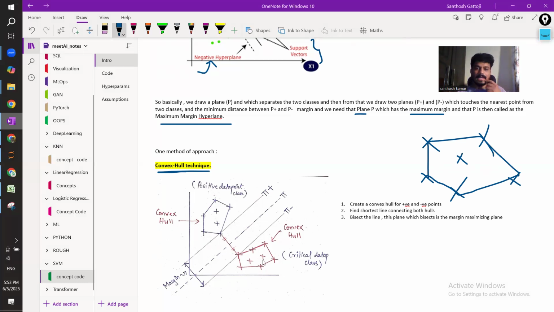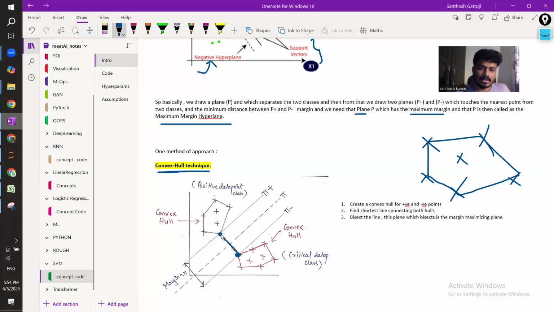Now you find these two points, the closest points to each other. This is the closest point on this convex hull, and this is the closest point on the other convex hull. Draw a line between them and bisect the line.